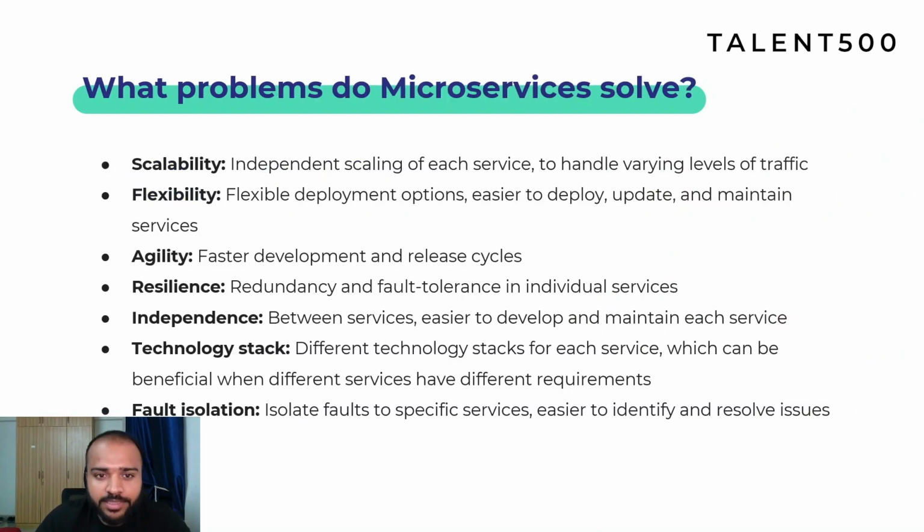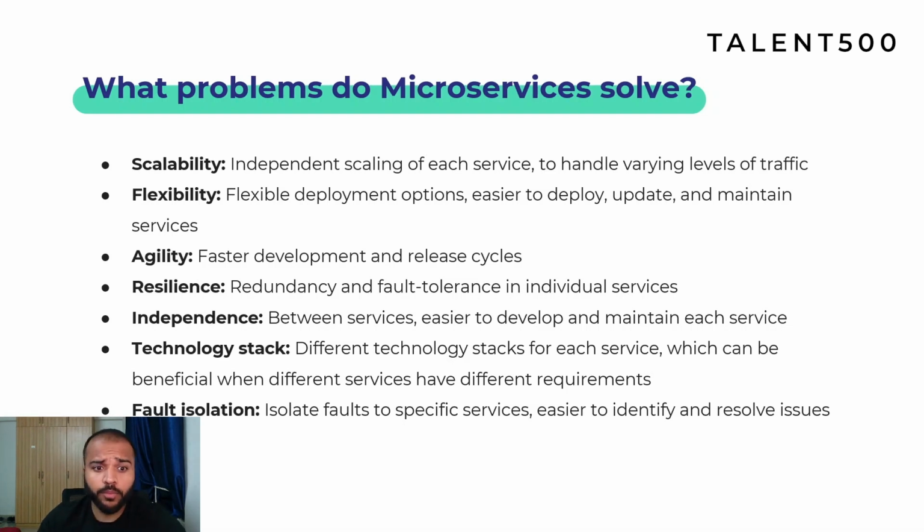So the first thing is scalability, independent scaling of each service to handle varying levels of traffic. So if orders are not that many in an e-commerce website, but people are scrolling through a lot of products, you need your products microservice, which is delivering you the list of products in each category and stuff like that.